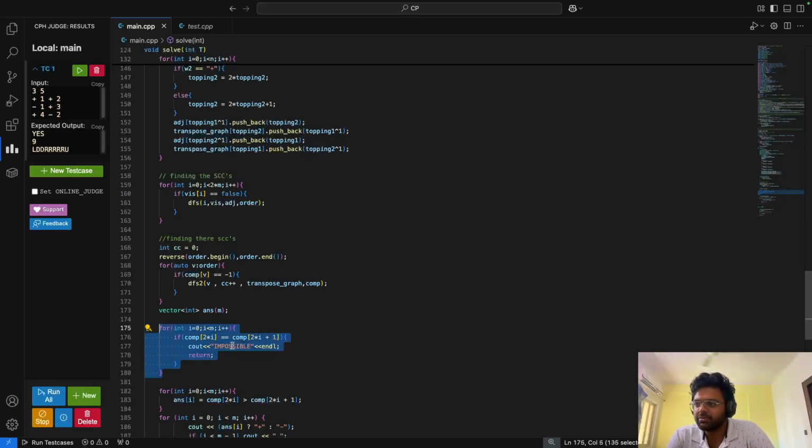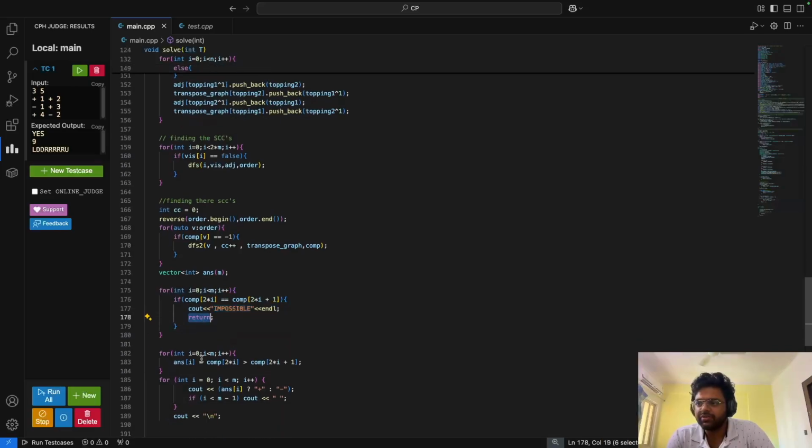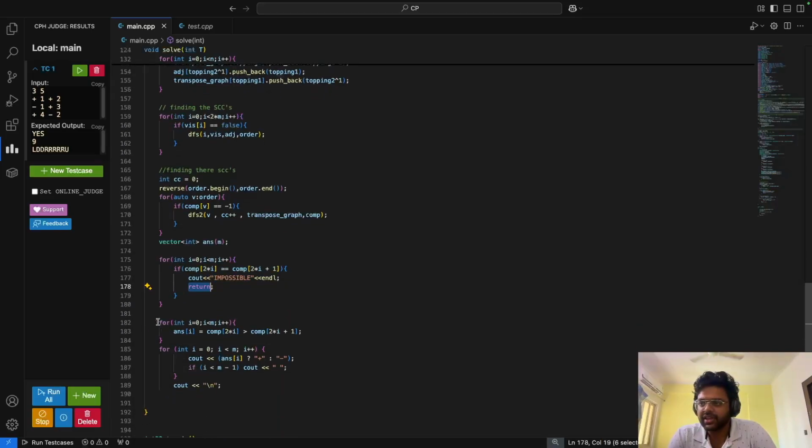If yes, then it's an impossible case and we return. If no, then if twice of I is greater than twice of I plus 1, that's true, then we can consider that topping. And if less than, then we are not considering that topping. And this is how our final answer would look.